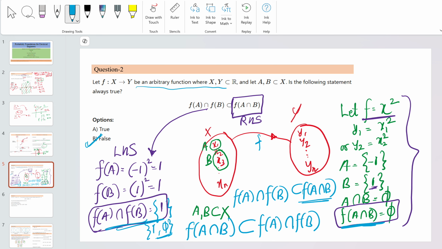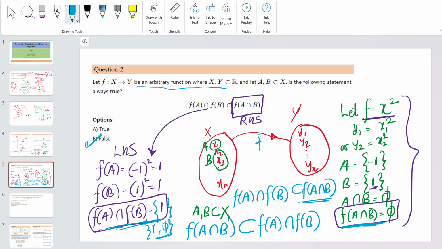I have considered a random function, x square. When you give the pre-image x1, the function gives the output x1 square, and the same with x2: when you give x2, y2 will be x2 square.